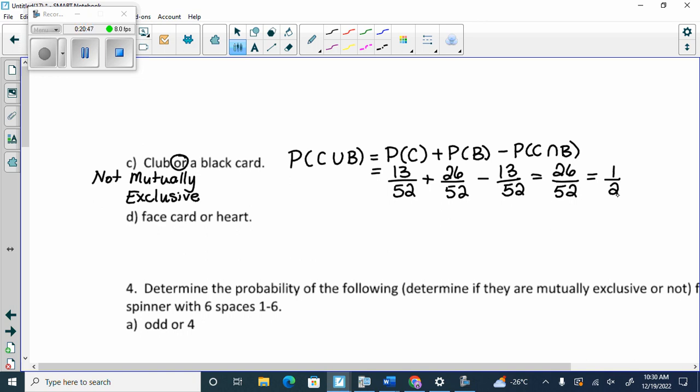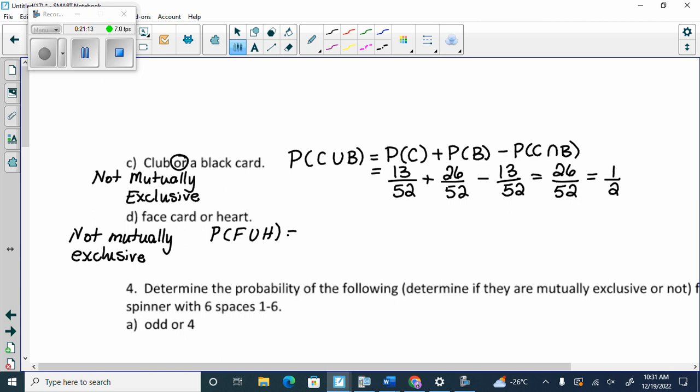Face card or heart? Mutually exclusive or not mutually exclusive? Not, because there are 3 face cards that are hearts. So we have the probability of a face card or a heart.